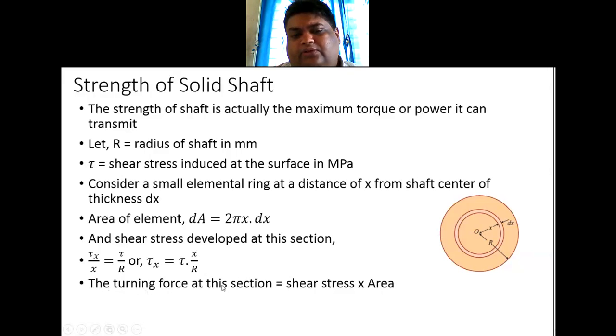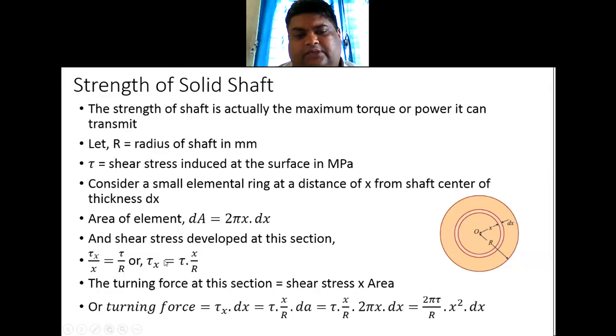The turning force at this section, see, the shaft is transmitting the torque. The torque transmitted is actually the force at the circumference of this shaft multiplied by this distance. Now I am considering this small element. So what is the force at this point, right? That is given by shear stress into area. Now shear stress is tau x.